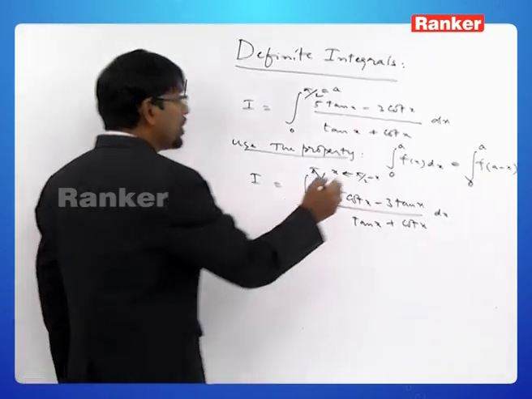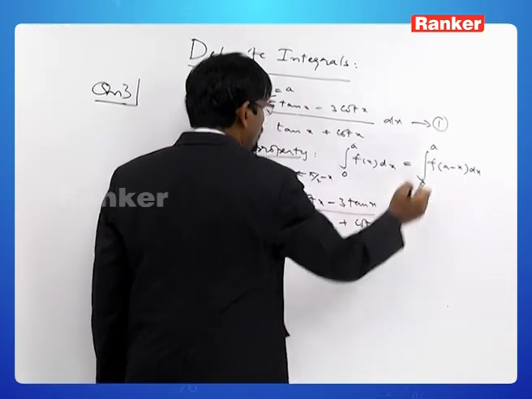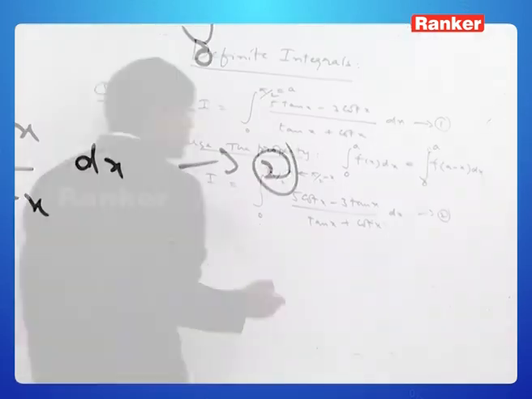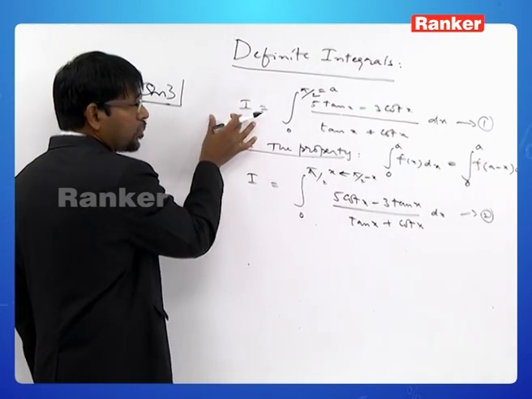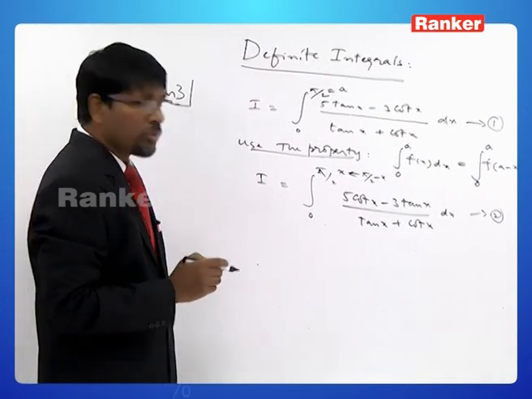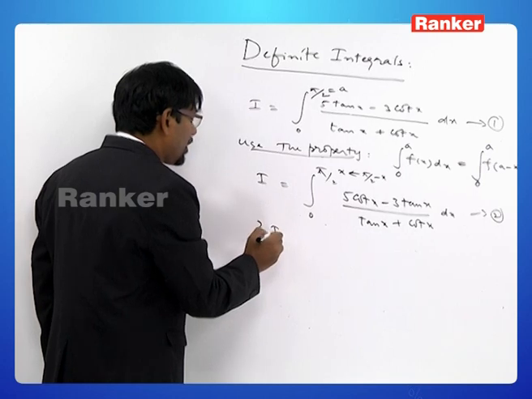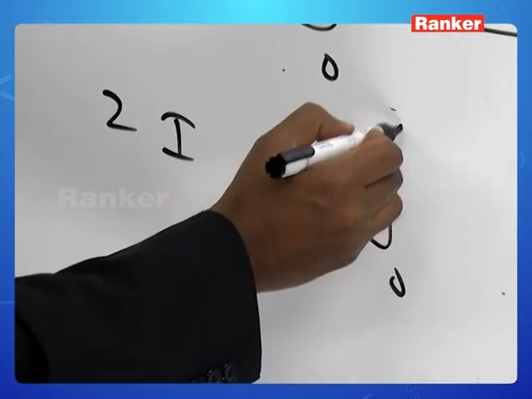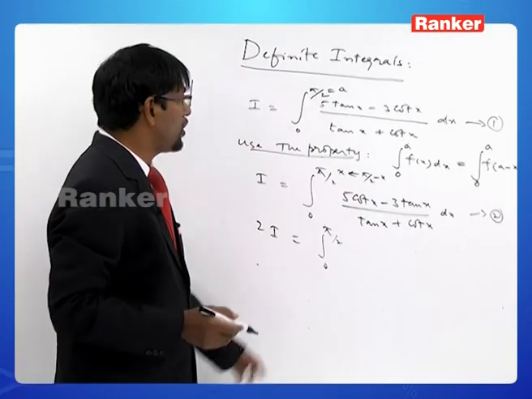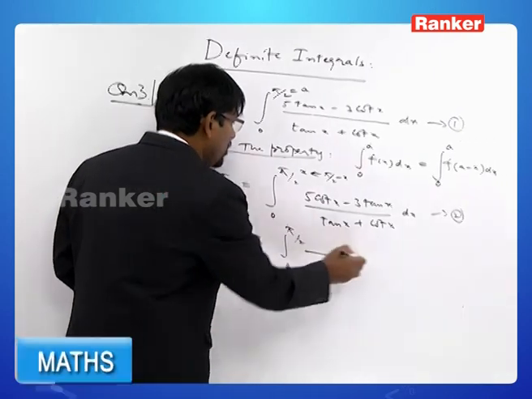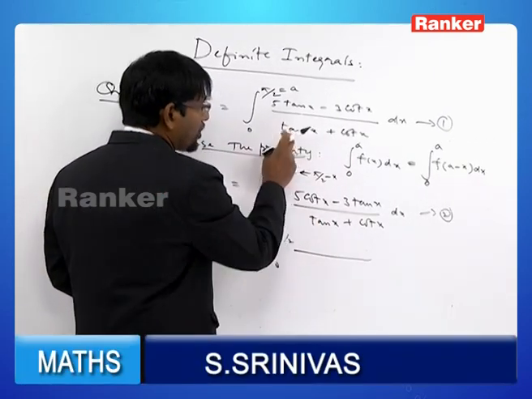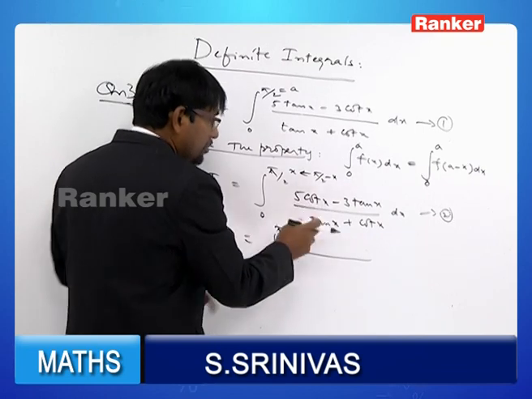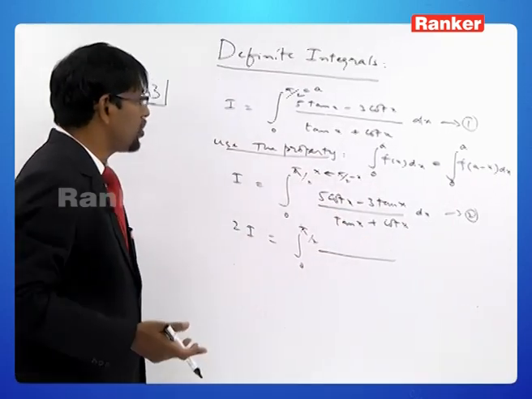Now what we shall do is, we will call this 1, we will call this 2, and we will add equation 1 with equation 2. So what do we get? 2I on the left hand side, and right hand side we have integral 0 to pi by 2. The denominator is not changing because of course the tan had to become cot and cot has become tan, but it would look the same.